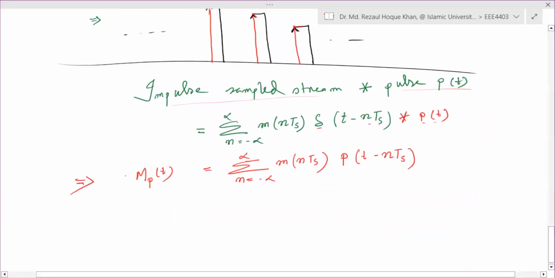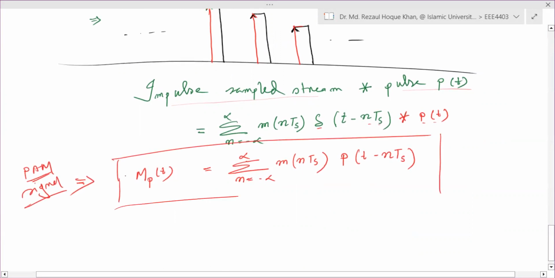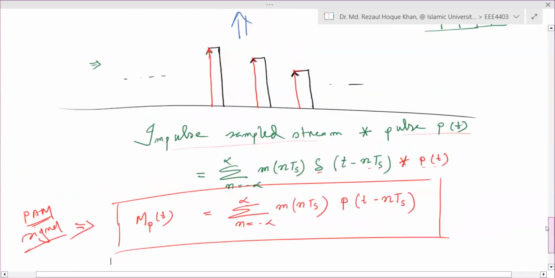This is how we interpret and understand the expression for pulse amplitude modulation.